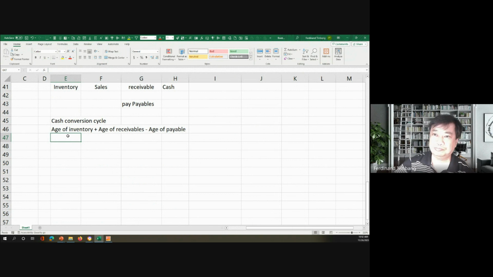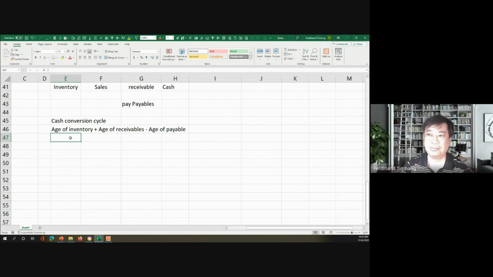So the higher the cash conversion cycle, that is more disadvantageous to the company. Kasi dapat mas maganda kung mas maliit o negative siya. So ulitin ko, pagdating sa cash conversion cycle, mas maganda pagka mas maliit or negative. Bakit?